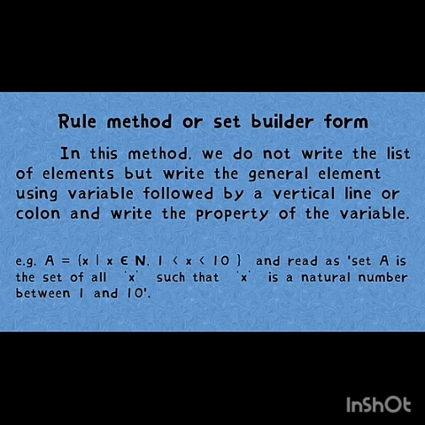Example, A is equal to, in curly brackets, x vertical line x belongs to N, meaning natural numbers, comma, 1 less than or equal to x less than 10, and read as set A is the set of all x such that x is a natural number between 1 and 10. Like this we will read.